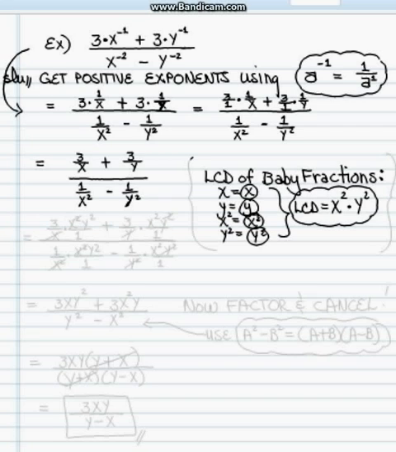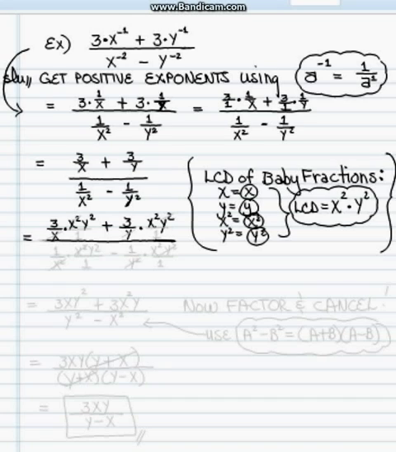So what do we do with that? We go back to our work and we multiply each term on the top and each term on the bottom by the LCD. Okay, so we have 3 over x times x squared y squared, then the plus sign, 3 over y times x squared y squared.